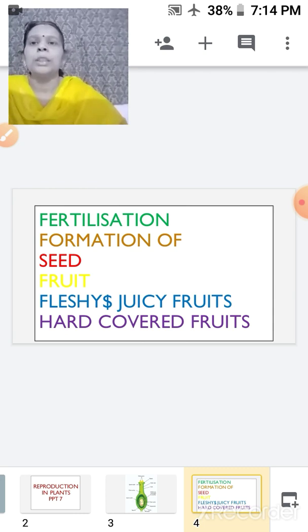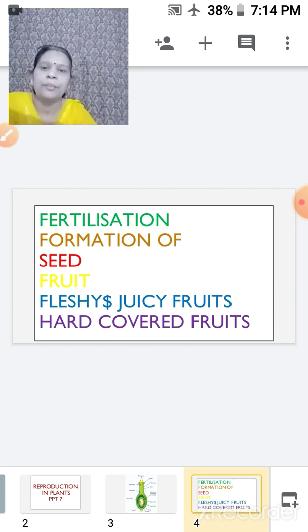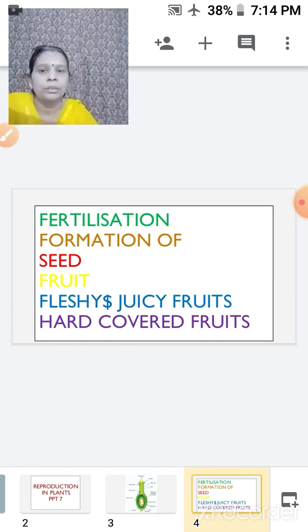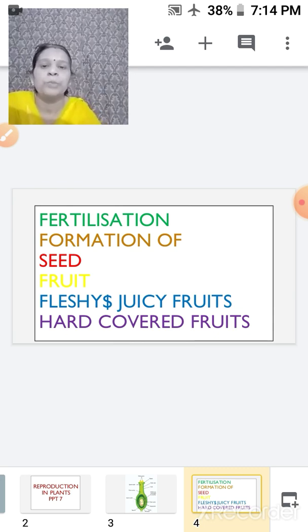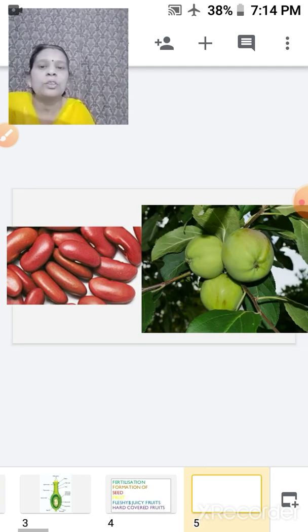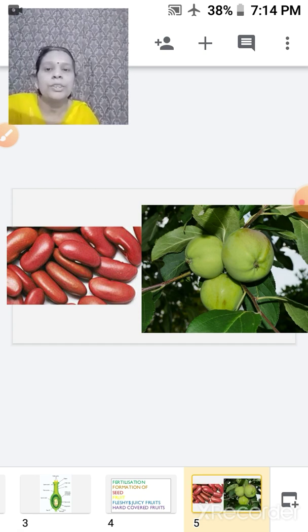This embryo develops and later goes on for germination, and further it will give rise to a new plant. So this is all that we studied in the last period. We also studied some of the hard coverings, and the flesh and juicy fruits.